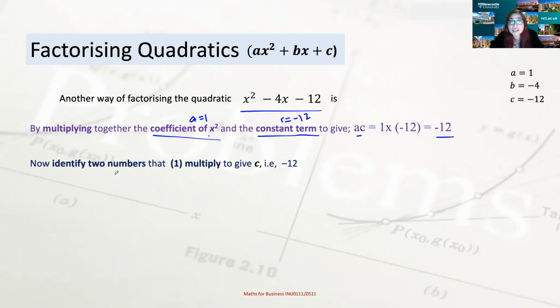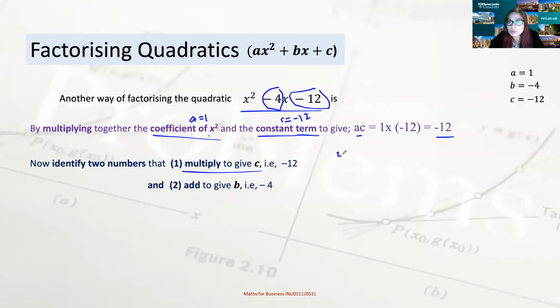Now I'll identify two numbers that will multiply to give ac, that is minus 12, and should add to give b, minus 4. So I have to find all the pairs which multiply to give minus 12.